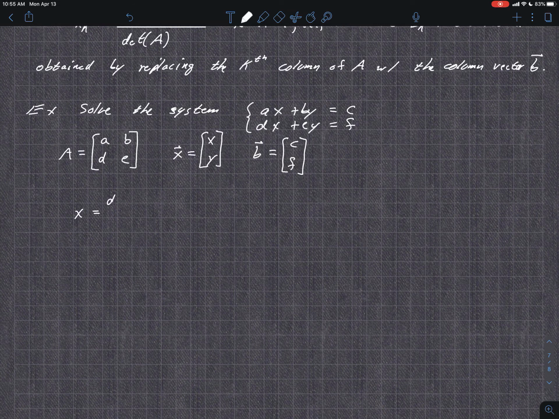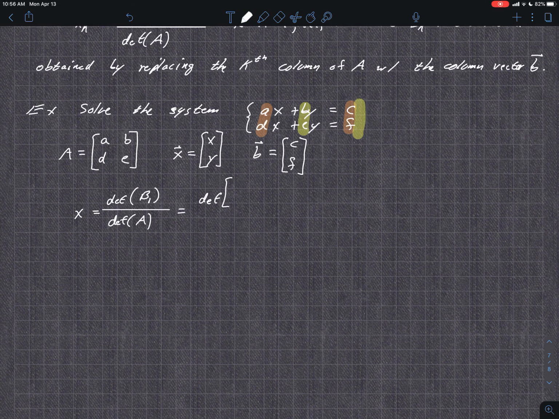So the solution X is the determinant of B1, because that'd be like the first entry, over the determinant of A. So B1 is the matrix where you're replacing the C, F right here for the first entry, and then the second entry you're replacing that right here.